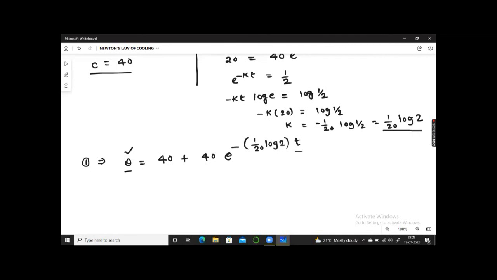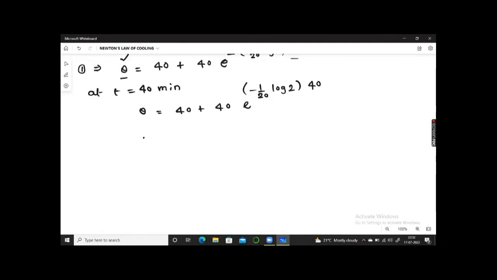Now what he is asking in the problem, at t is equal to 40 minutes, what is the value of theta? So theta is equal to 40 plus 40 into e to the power minus 1 over 20 log 2 into t, where t is equal to 40. So theta is equal to 40 plus 40 into e to the power minus 1 by 20 into 40, which means minus 2 log 2.